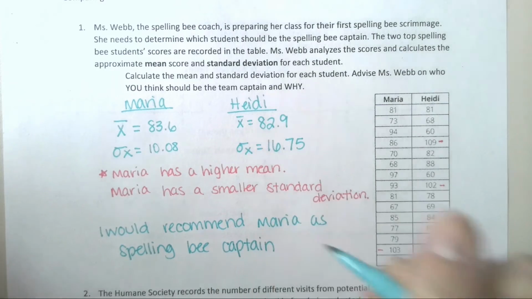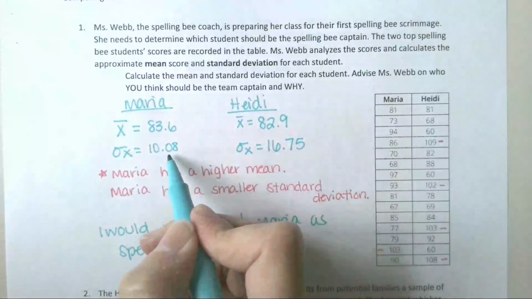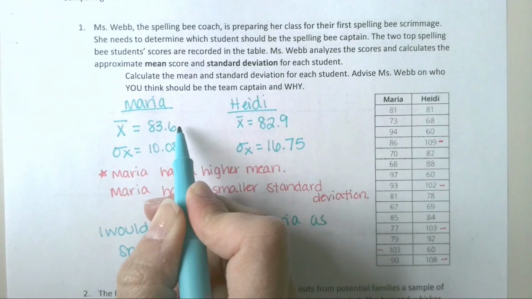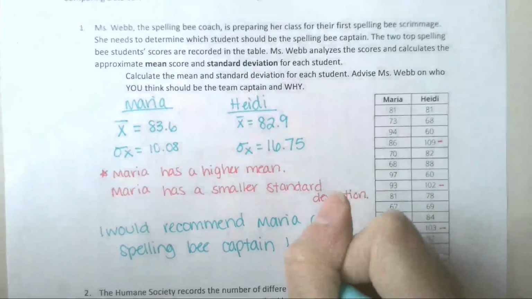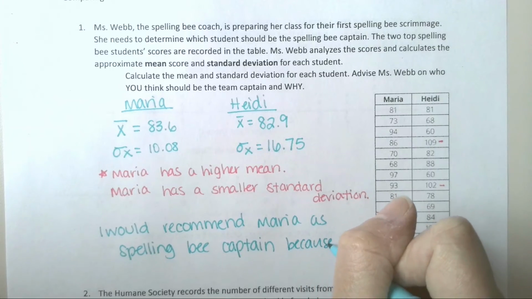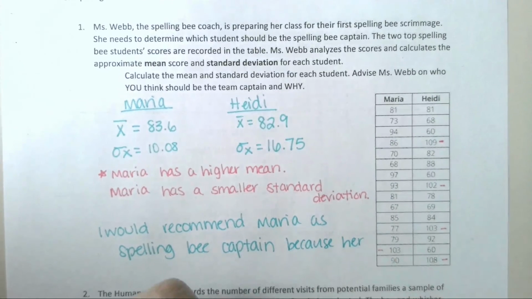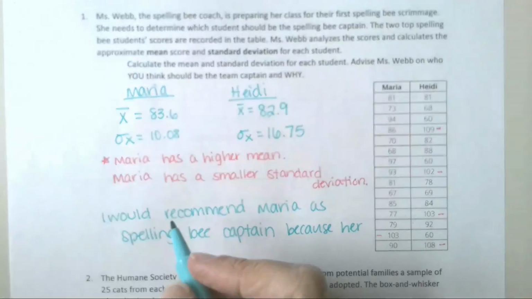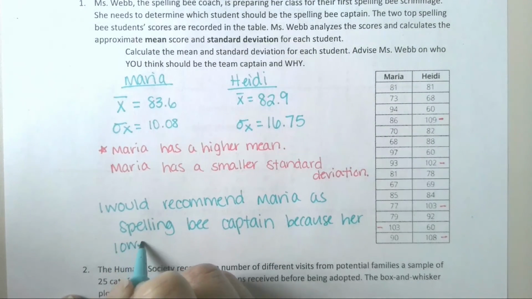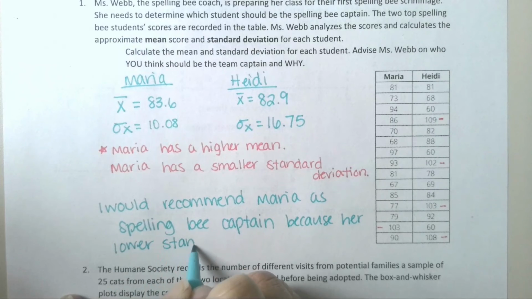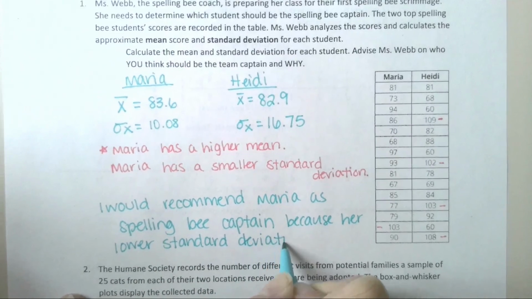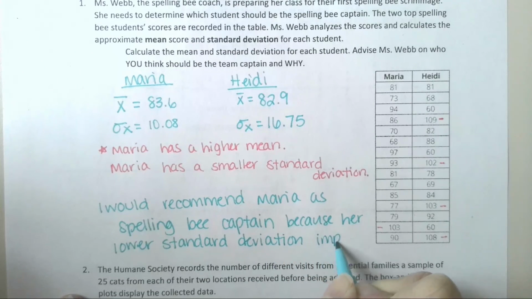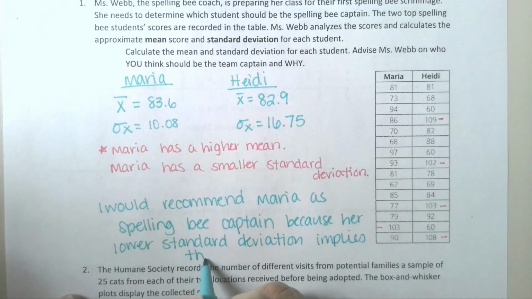And the reason is because her standard deviation tells me that she is more consistent than Heidi is in her scores. So I'm going to write, I would recommend Maria as spelling bee captain because her lower standard deviation implies that she is more consistent.